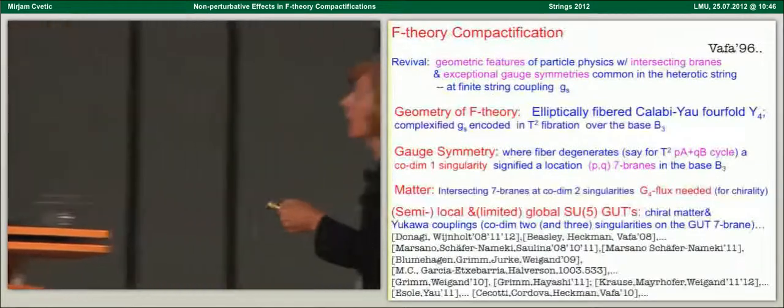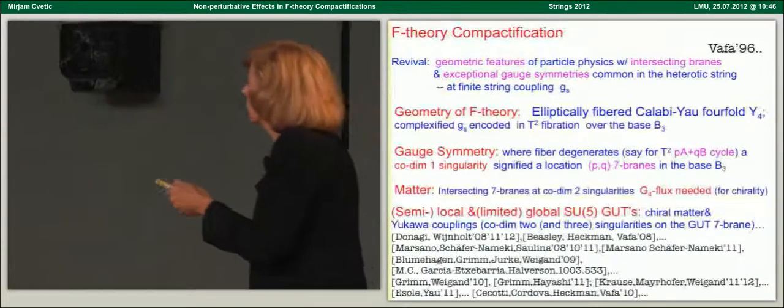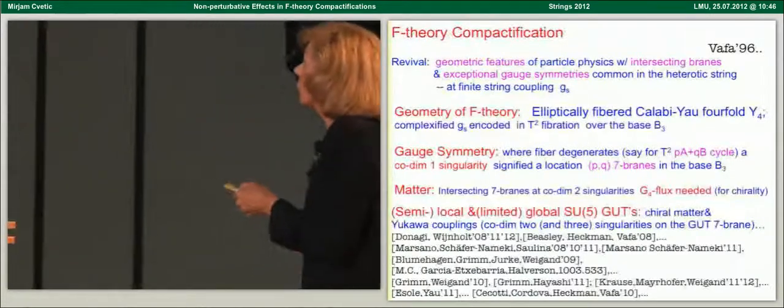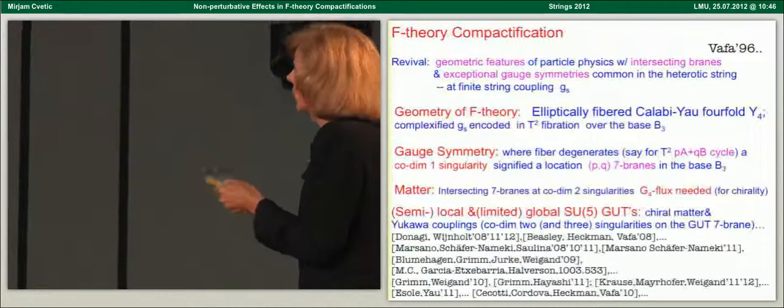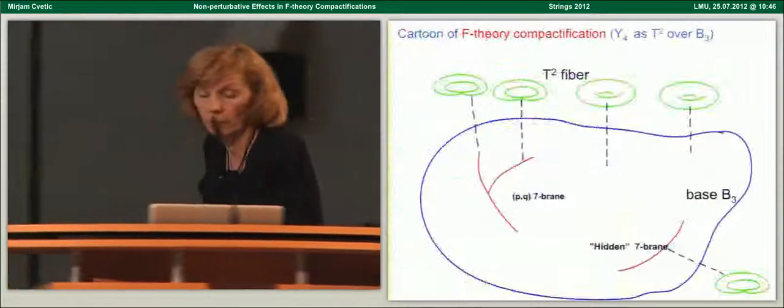And in recent efforts, in the past two years, the effort is becoming quite technical and focusing on trying to understand in more technical detail the effects of turning on flux in such compactifications.